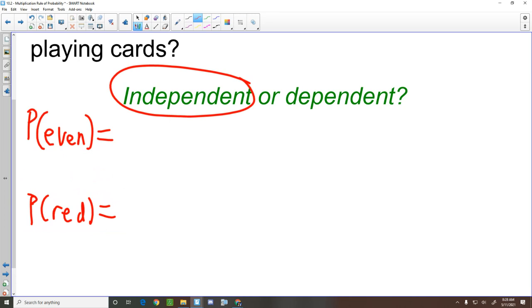Probability of rolling an even number on a 6-sided die. Will that be a 2, 4, or 6? Right? So there are 3 favorable outcomes out of those 6 sides on the die. How about probability of drawing a red card? Well, that's 26 possible red cards out of 52. And all we need to do is multiply these 2 probabilities together.